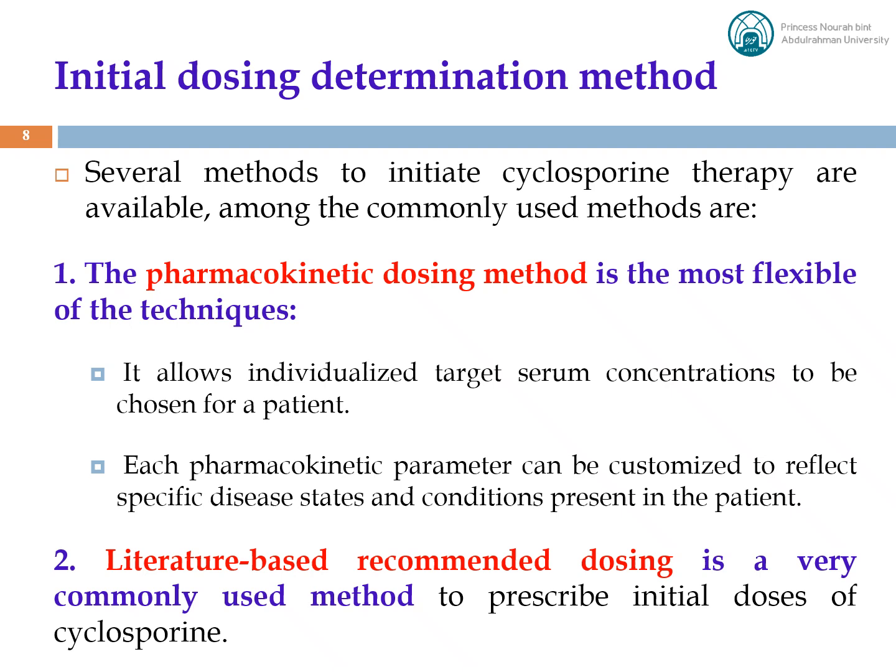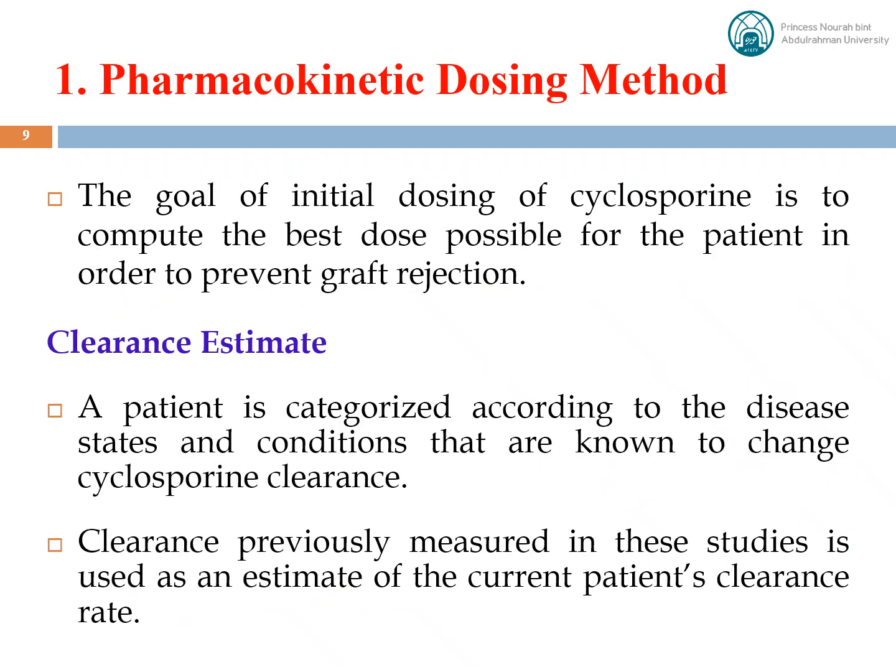Considering the pharmacokinetic dosing method, the goal of the initial dosing of cyclosporin is to compute the best dose possible for the patient in order to prevent transplanted organ rejection.